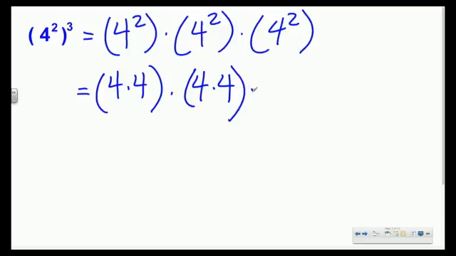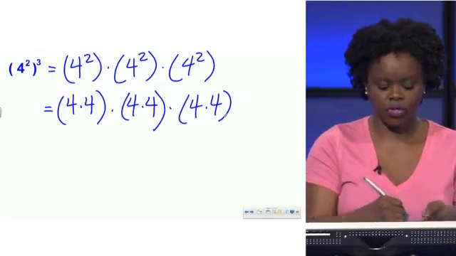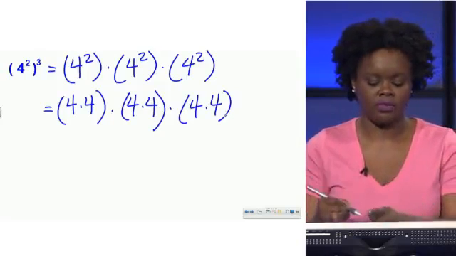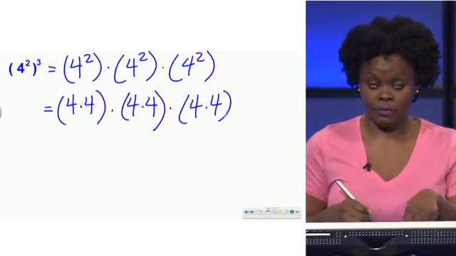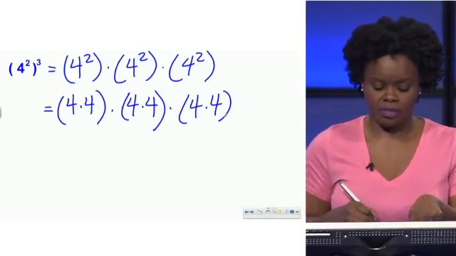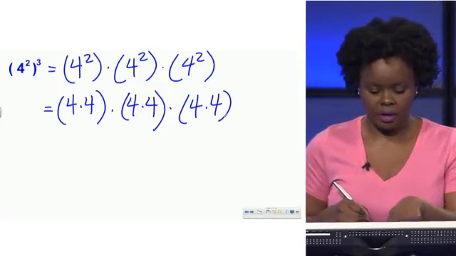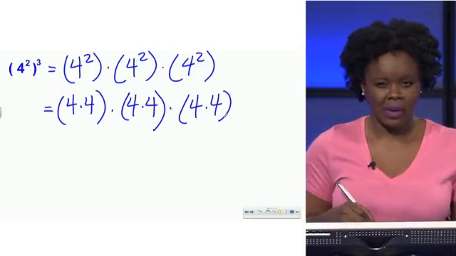And same thing for the last one. With me so far? I just took 4 squared times 4 squared times 4 squared and broke it down even further, because 4 squared is the same as 4 times 4.